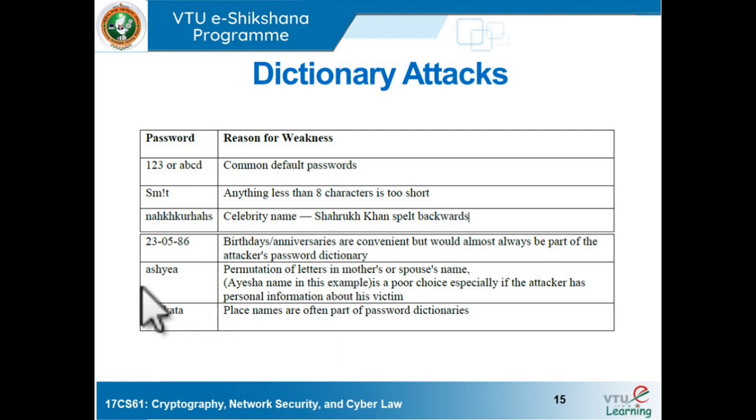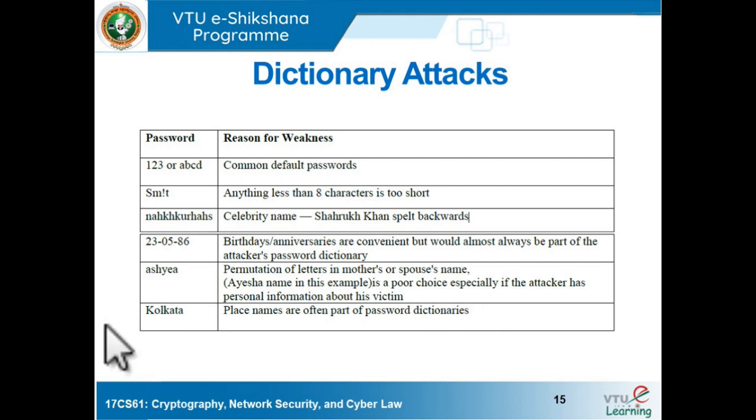The next password is a permutation of letters in either mother's name or spouse's name. Over here we have taken Aisha and a little bit of jumbling is performed. Such a password is a very poor choice because the attacker will obviously have information about the person whose account he is trying to gain access to.